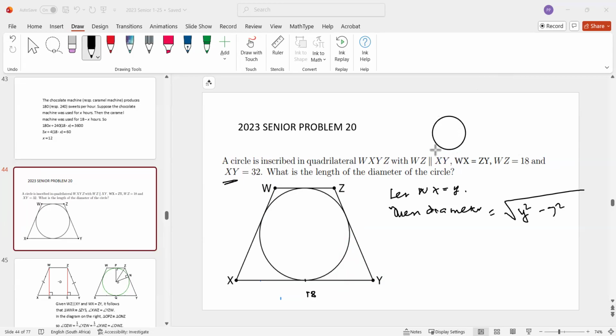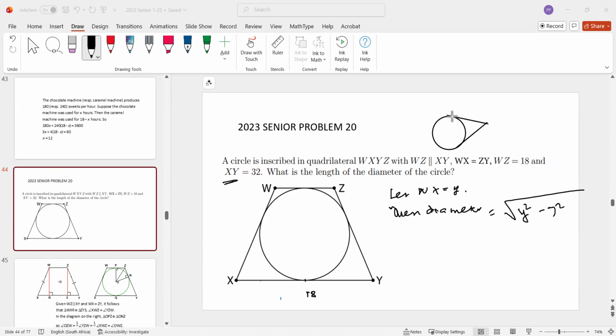If you take any point outside the circle, you can draw two tangents, one like that, another one like that. And an interesting result is that these two tangents have got the same length. From every point outside, you can draw two tangents, and those two tangents will always have the same length.